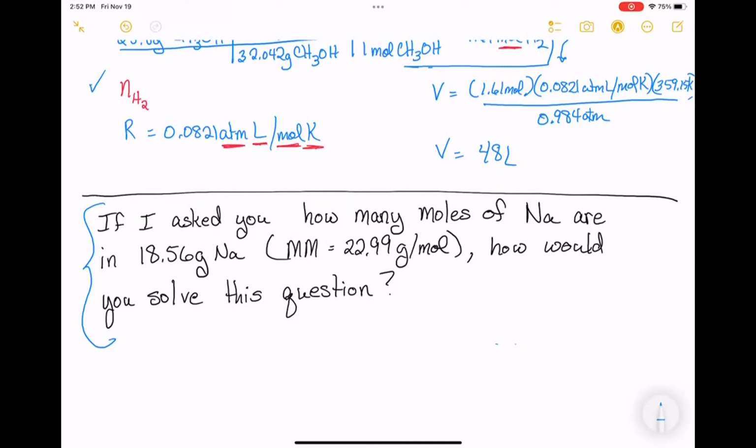Use molar mass and stoichiometry to convert the grams of sodium to moles of sodium. So maybe do the problem and tell me how you did it.